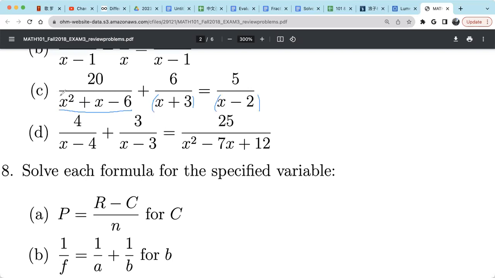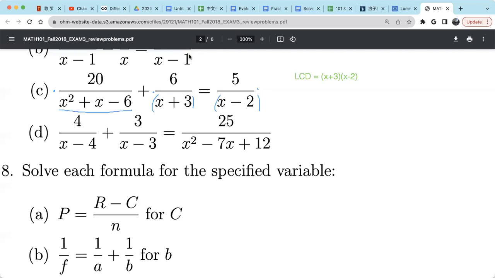So let's multiply every term by the LCD. What's the LCD? The least common denominator, in this case, equals x plus 3 times x minus 2, right?